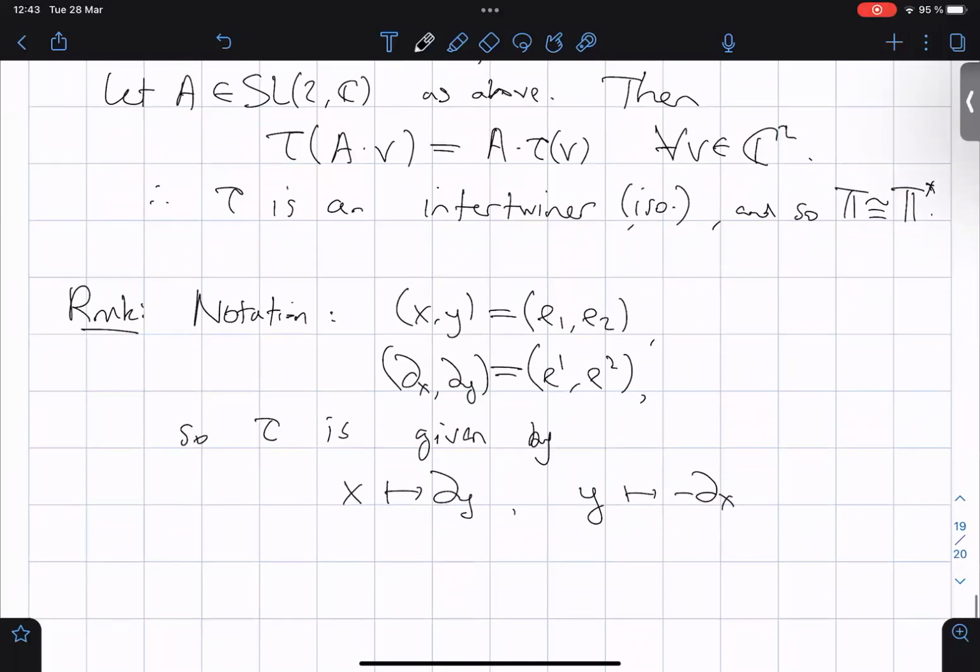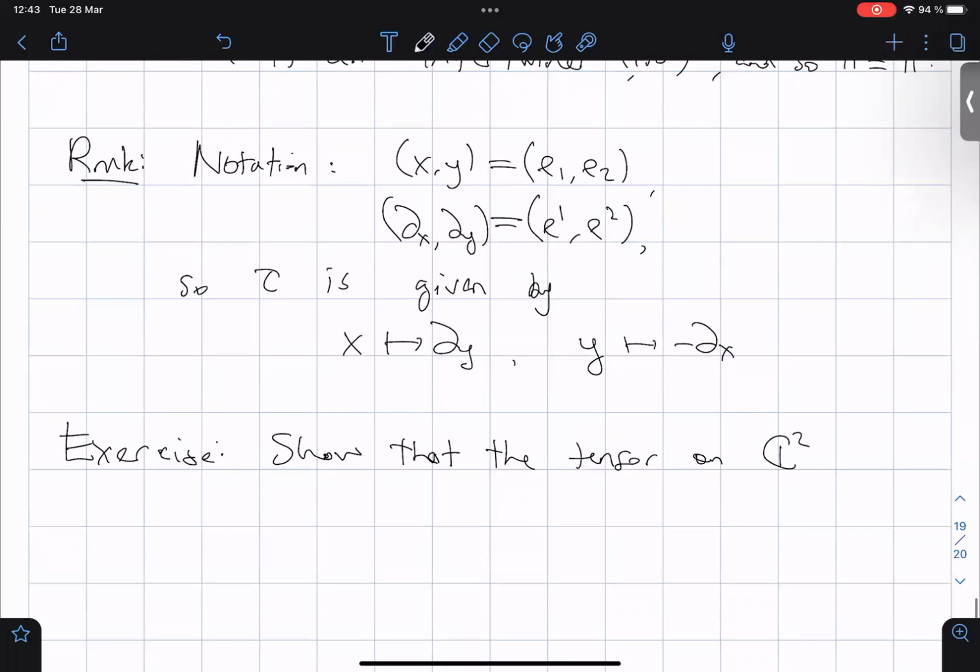I mentioned above that invariant tensors are important, and there's one in the background of these ideas that I just presented. So, a little exercise. Show that the tensor on C2 given by omega, E1 wedge E2, is invariant.